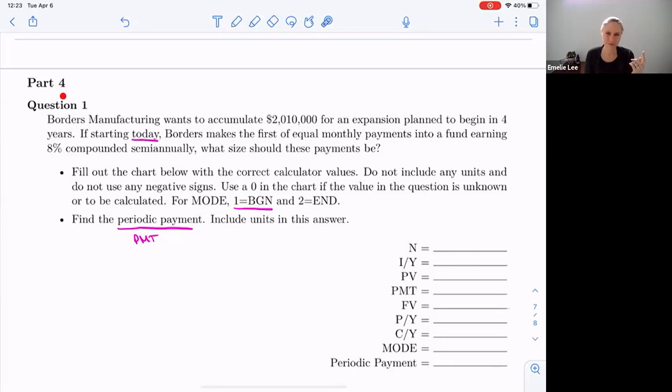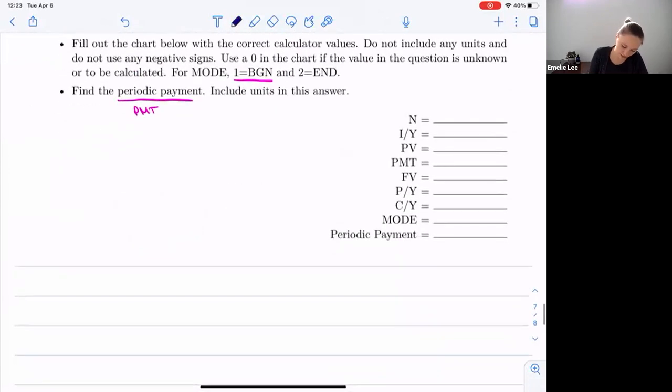But also, I'm flat out telling you, part 4 will be annuities due. The other ones, no, they're all regular annuities. Okay. So same deal here. If I want to accumulate $2,010,000, that's going to be my future value, or it has to be my future value. So let's start there.